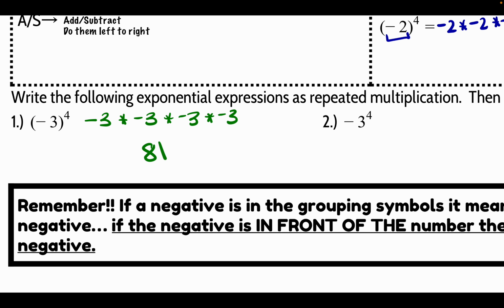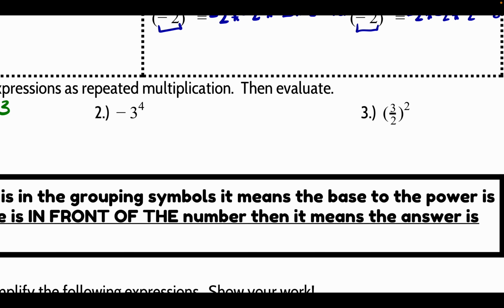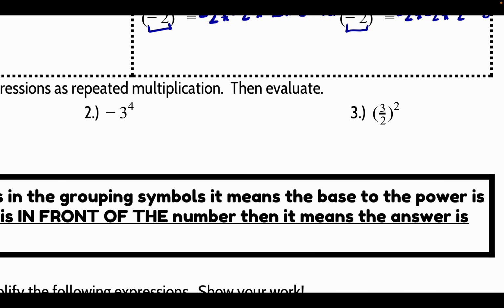Okay, because these negatives turn to a positive and these negatives turn to a positive. Okay, next one. No parentheses, we only have 1 negative, but our 3 is going to be expanded. So in this case, this is negative 81.